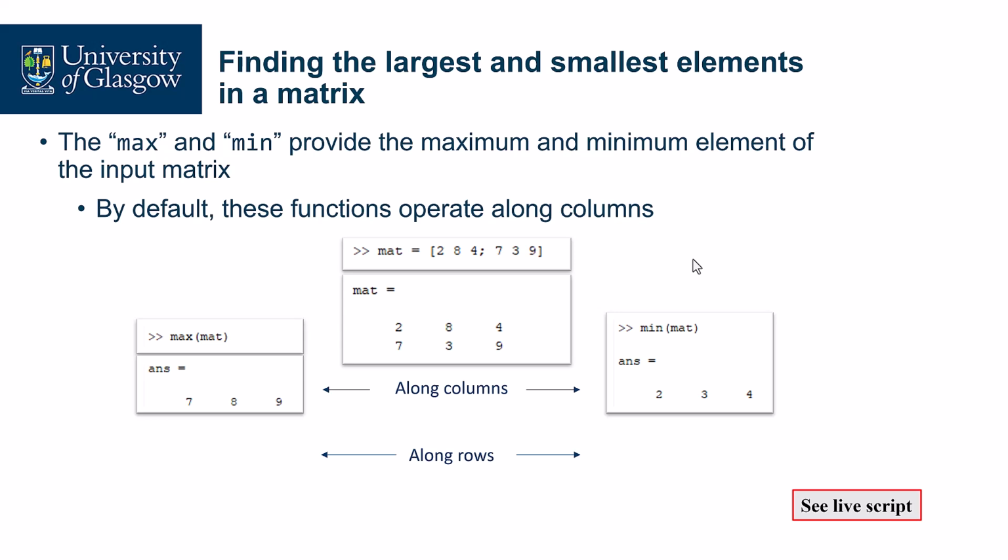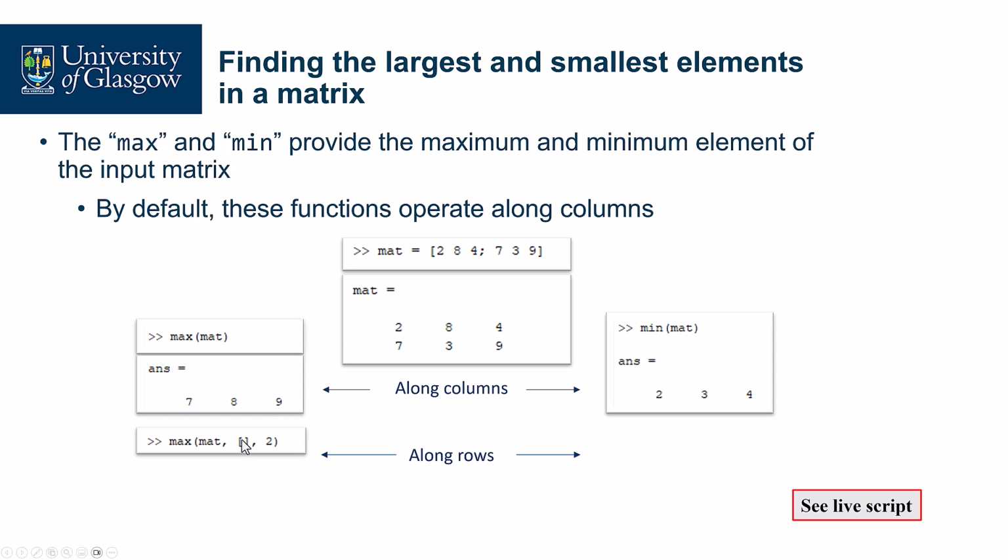If I want to get the largest or smallest among rows, because by default it's along columns, how can we do that? We do it like this: max of the matrix, comma, an empty square bracket, comma, 2.